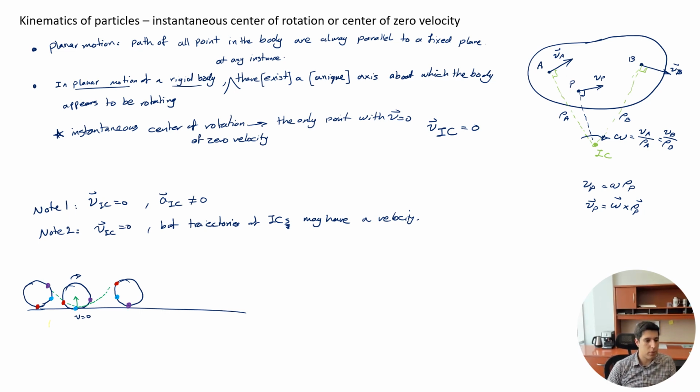So these are different points that will momentarily become center of rotation and then have velocity again. But the trajectory of them has this velocity v, which is not zero, and we know that it's r omega. So it is important to know the difference between the trajectory of ICs, or the locations or loci of ICs, and the velocity of a single IC itself.